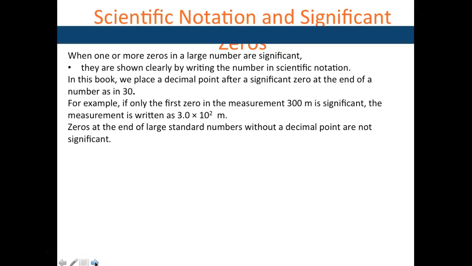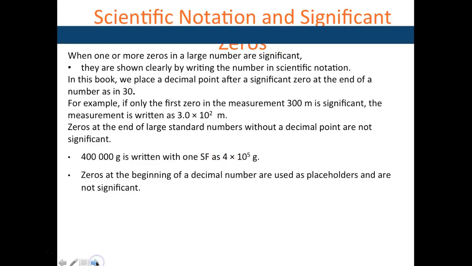So zeros at the end of a large standard or decimal number without a visible decimal point are not significant. If you write this as 4 times 10 power 5, then you know that you have 1 sig fig. Scientific notation makes it so much clearer which of those zeros are significant and which are not.